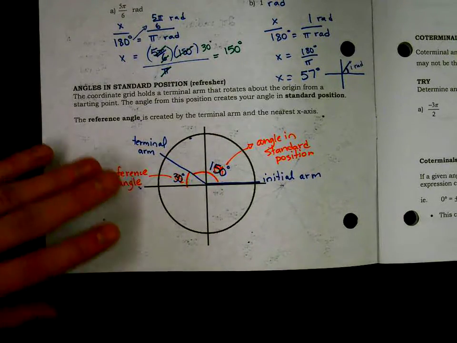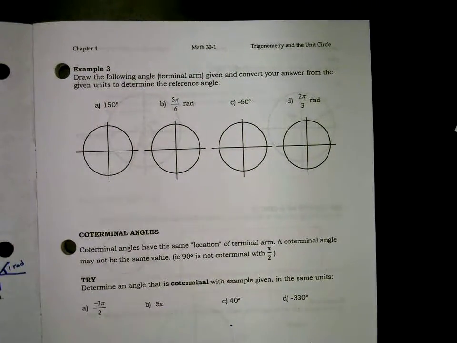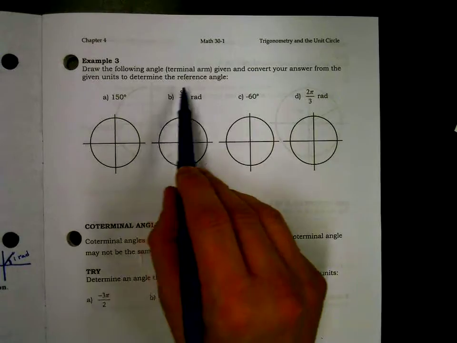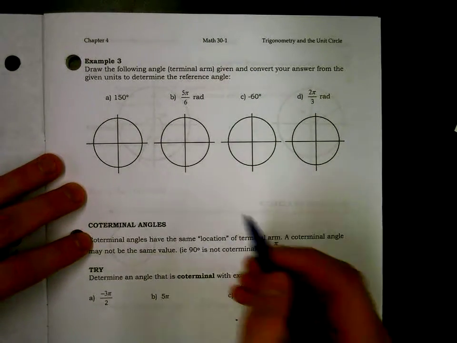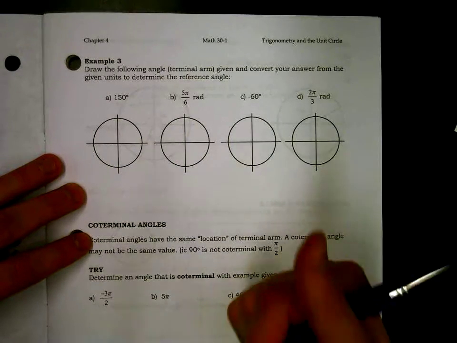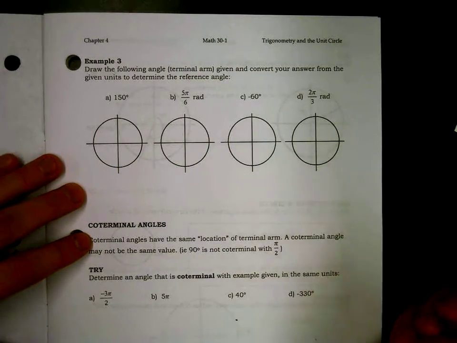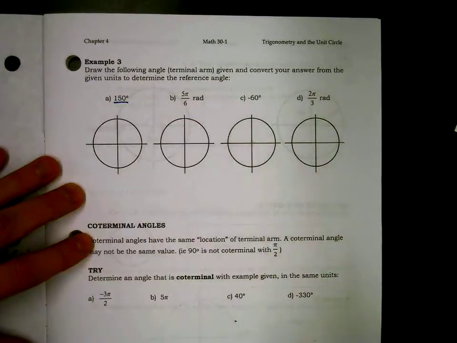So let's just try on the next page. In example 3, a little bit of a challenge. Can you draw the terminal arm and then convert your answer from the given units to determine the reference angle? Just because it's complex enough this way, let's see if we can get the reference angle from the angle in standard position. So first we have 150 degrees.